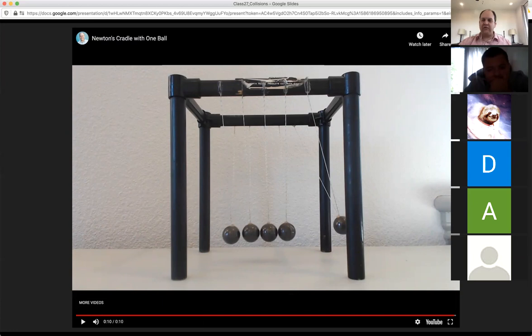If I were to draw the free body diagram for that first ball, the moment it's hitting the second ball, because remember, collisions might be really short, but they do take some amount of time. What would you call that force? Like a push? A push. Yeah, it's like a normal force. It's a contact force.